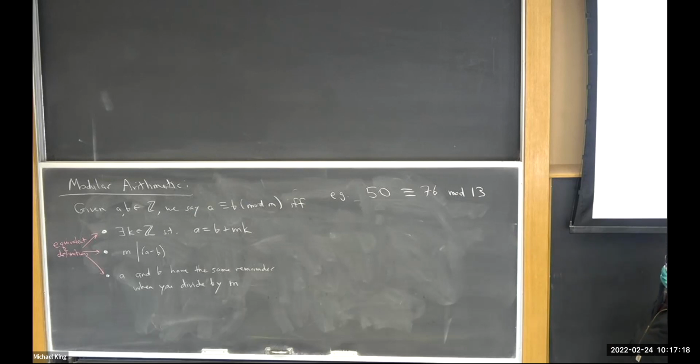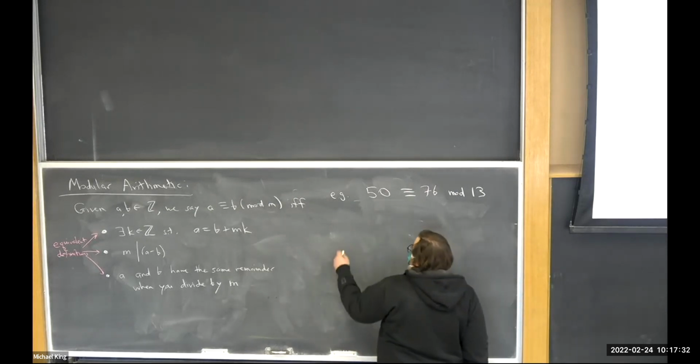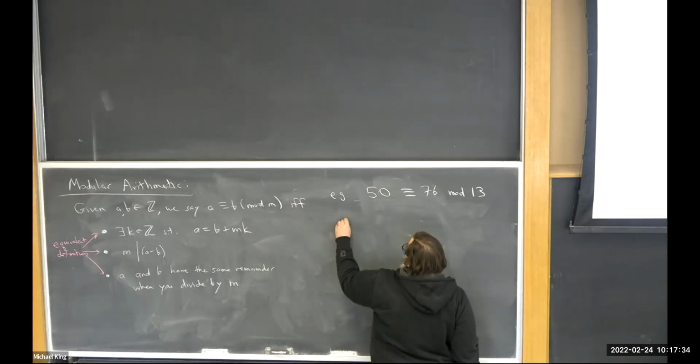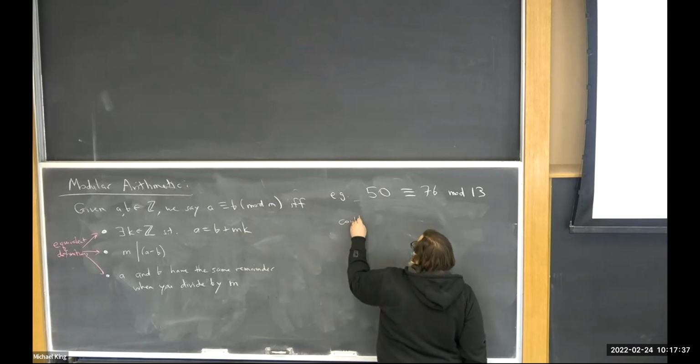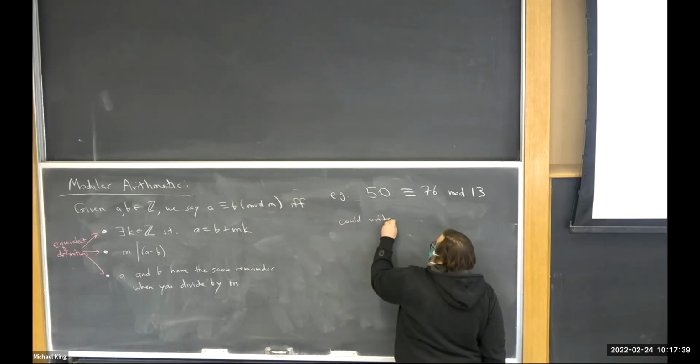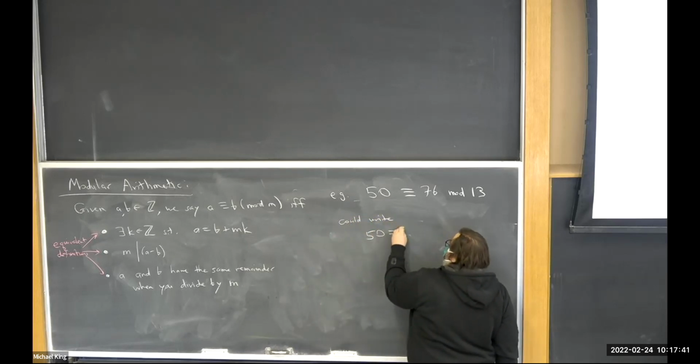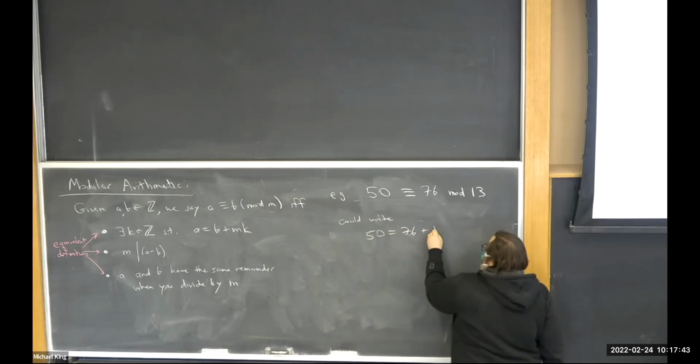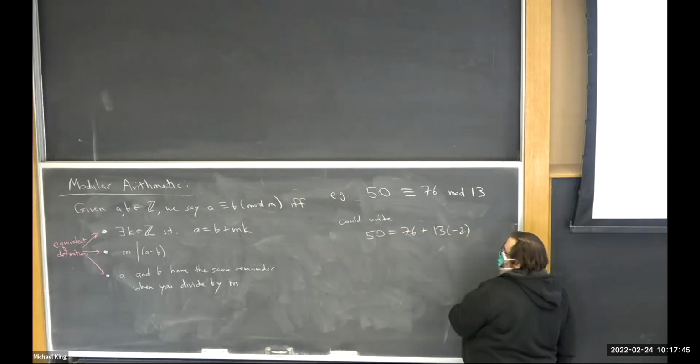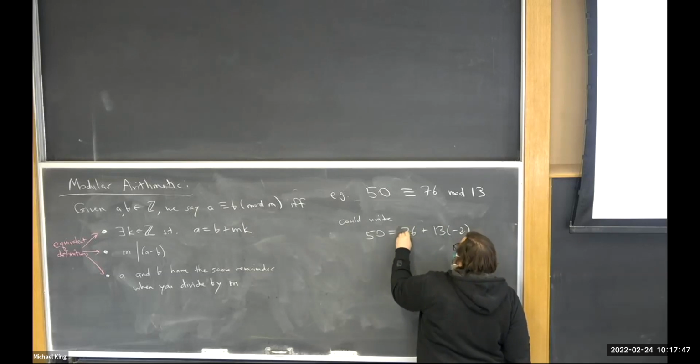Are they off by a multiple of 13 from each other? Yeah, they're off from each other by 26, so we could write 50 is 76 plus 13 times -2, right?